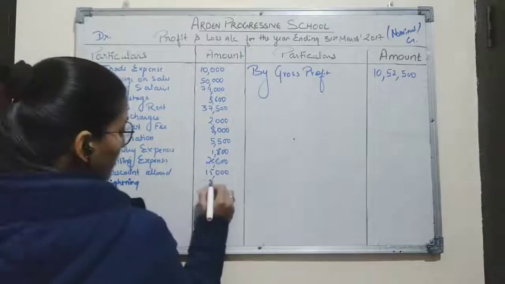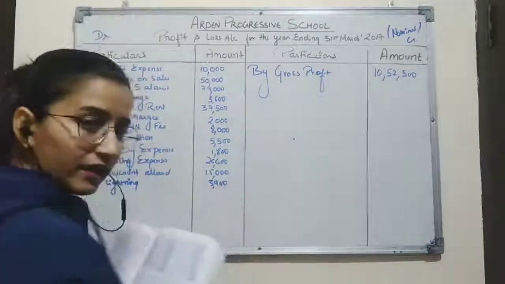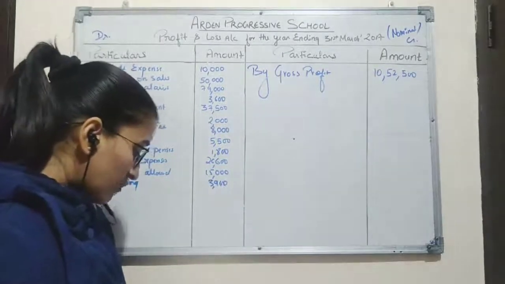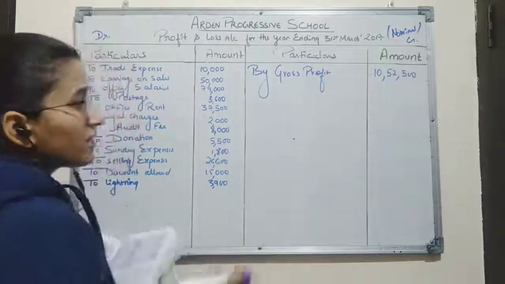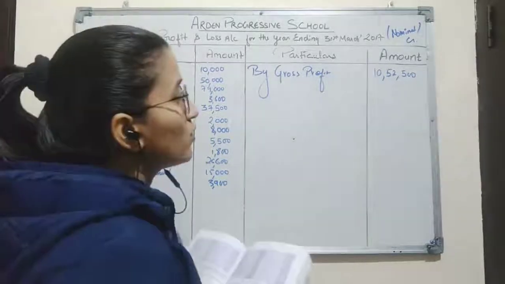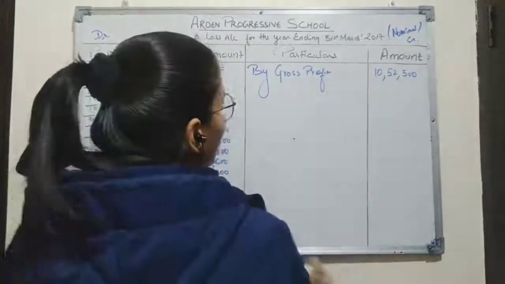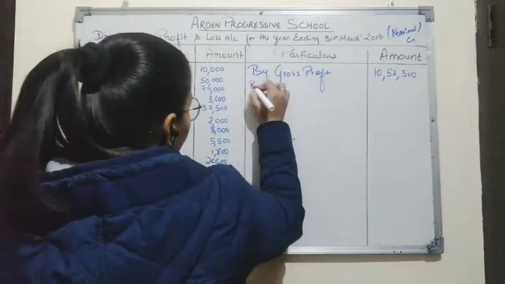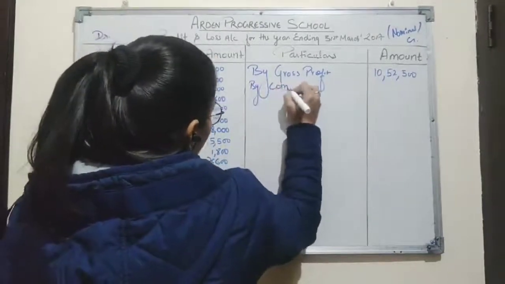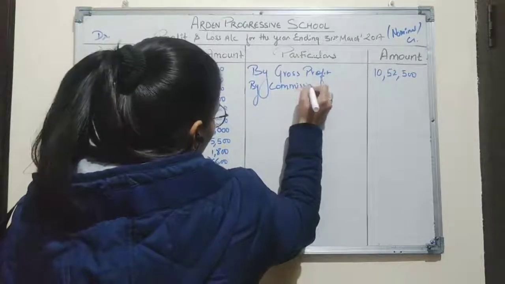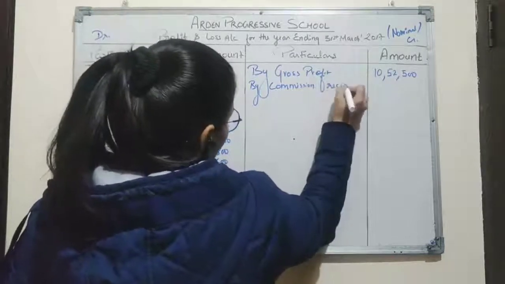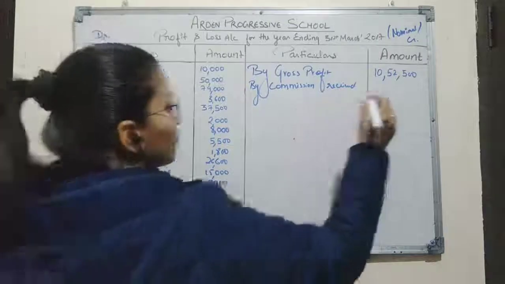Amount is 3,900. After that, commission received. Commission received is an income for the company, so it will be recorded on credit side of P&L account as by commission received.